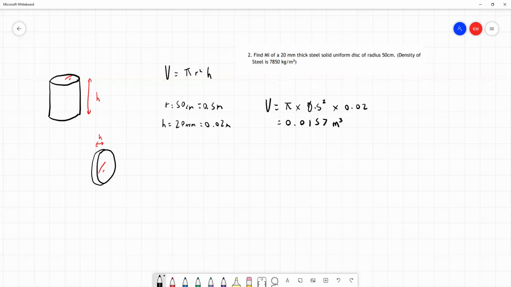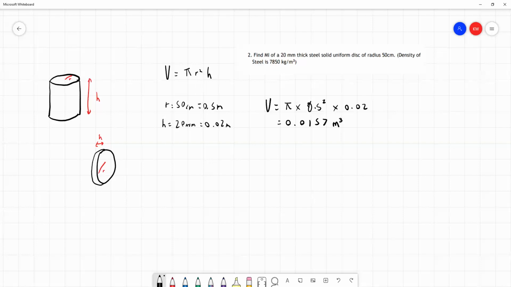We will settle with this level of accuracy for now. The next thing we need to know about in a question like this, because if we remember, we're trying to work out the moment of inertia, and that's a formula that depends on the mass and the radius of the disk. Now we have the radius, but we don't have the mass yet.